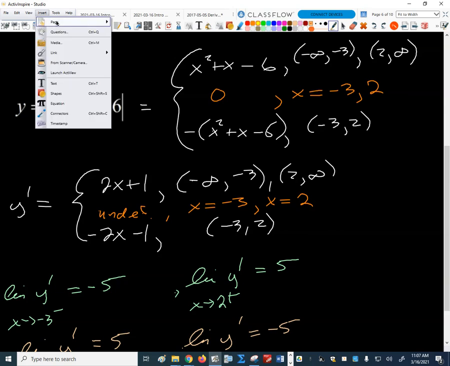So I'm going to make a new page here, and we're answering the question, first of all, is the function, we'll just say it is f of x, continuous? To answer that question, we're going to take limits.